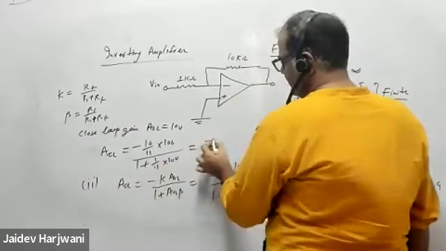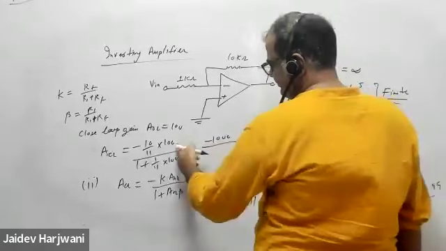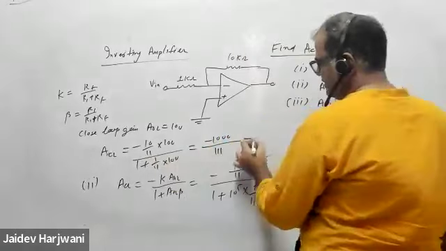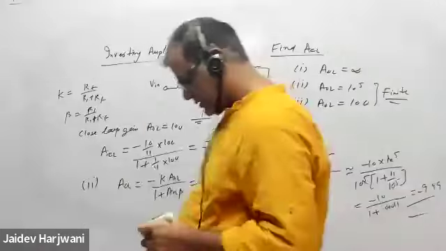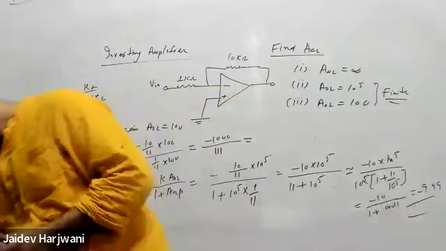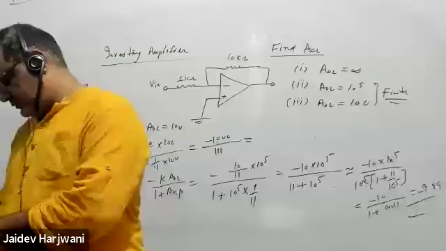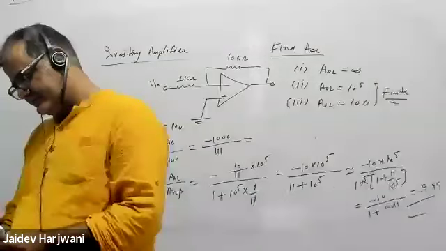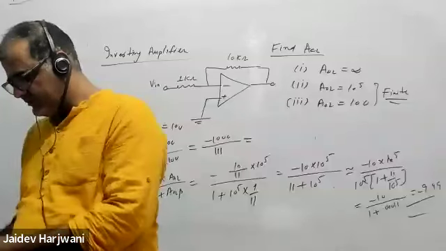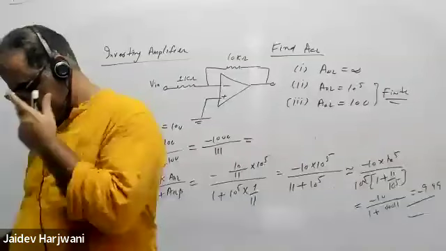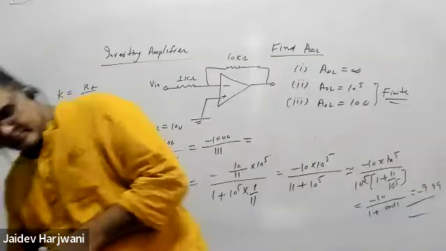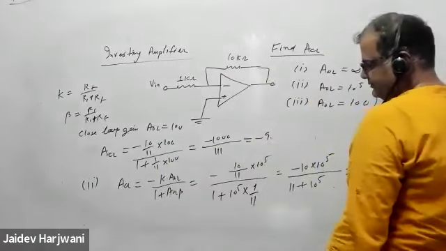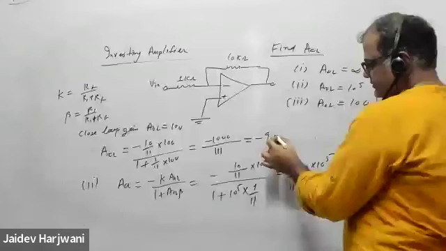So this becomes minus 1000, and this is 11, 11 cancel. How much is coming? Almost 9. 9 point something. 9.1.